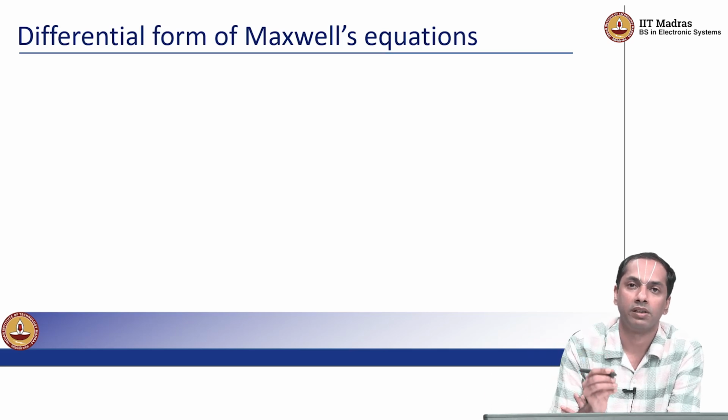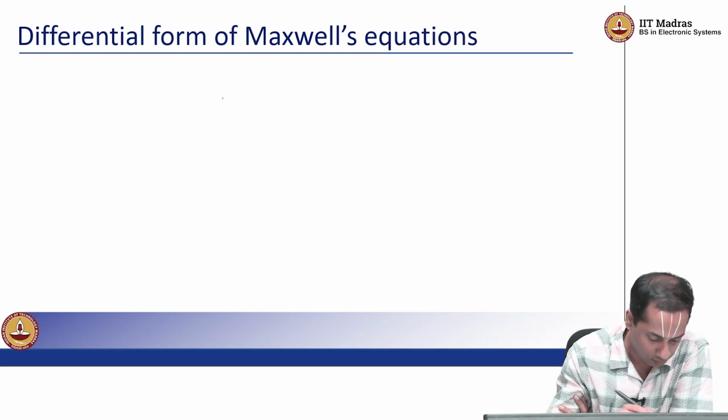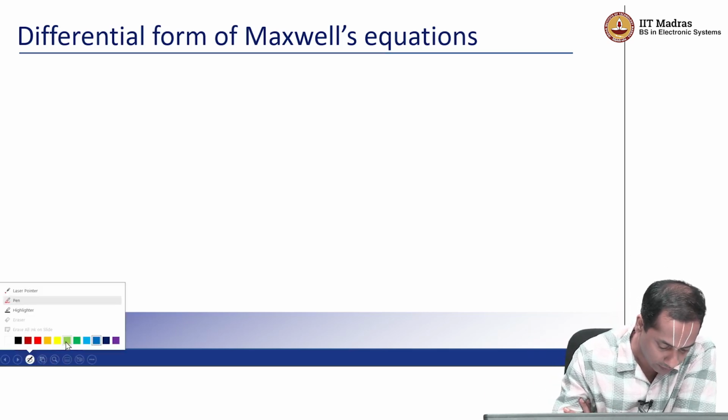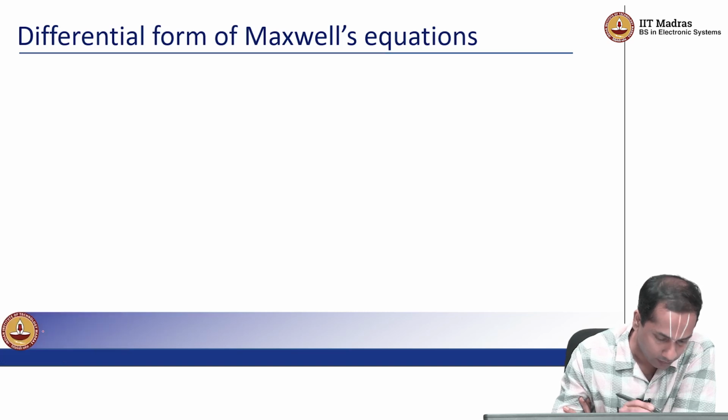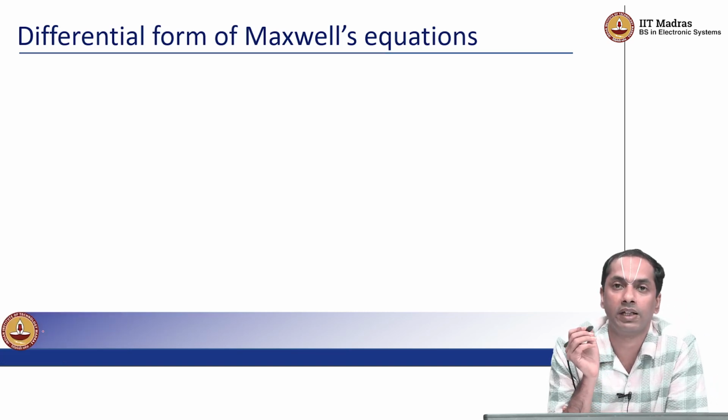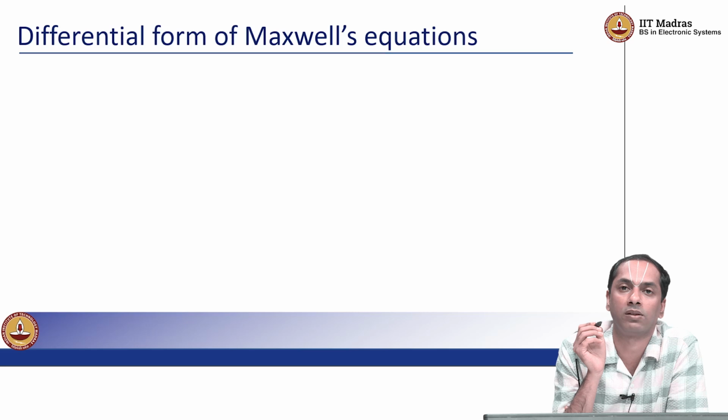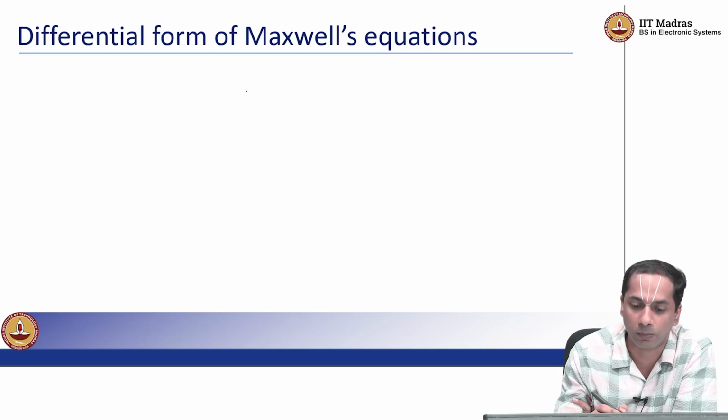So, in this slide I am just going to list down all the equations that we have derived, and this is the final set of 4 Maxwell's equations in the differential form.